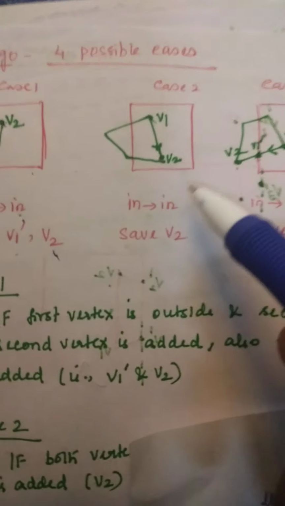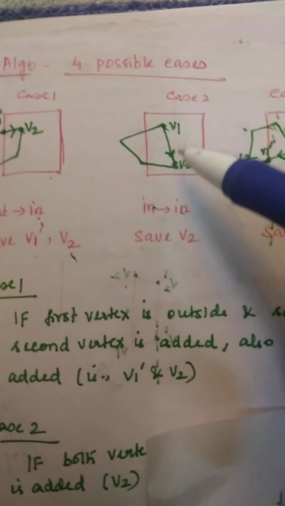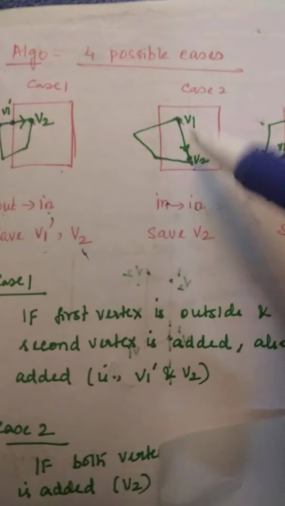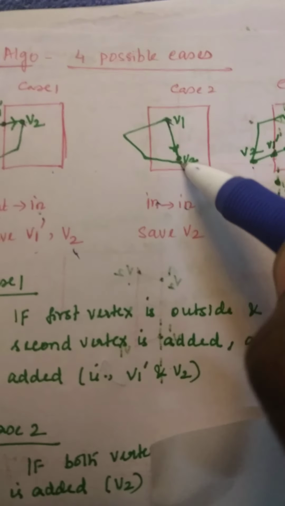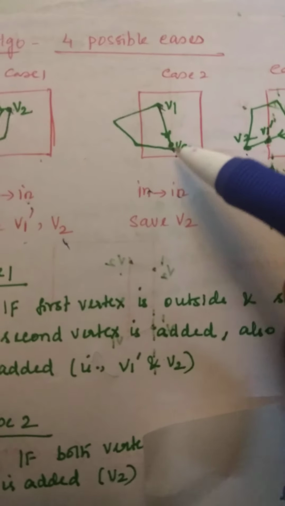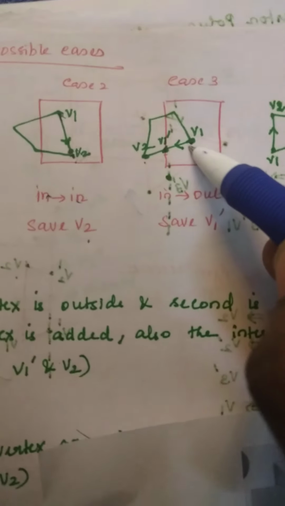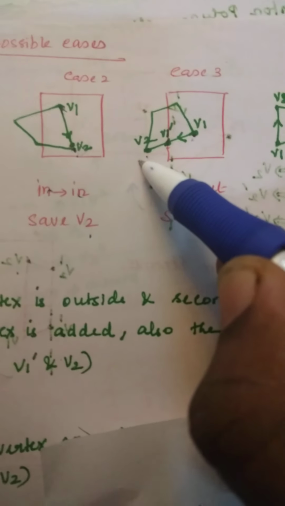Case 2, in to in. This is a line, this one point, this is another point, V1 to V2. Both are inside the boundary. So, in this case, if both are inside the boundary, only the second vertex is added. Save V2 only. Case 3: the first lies inside the boundary and the second lies outside the boundary.